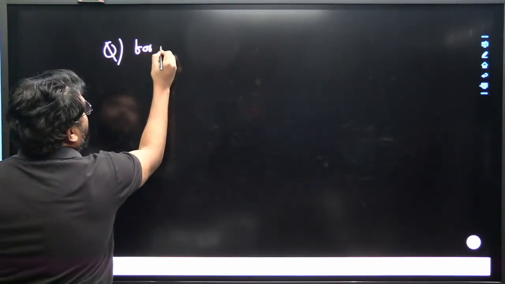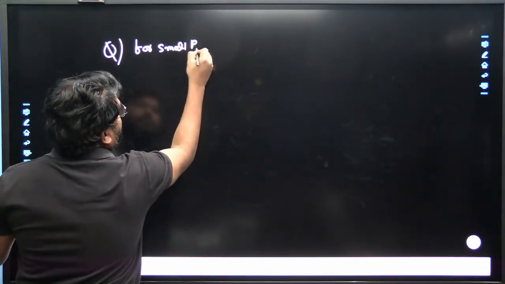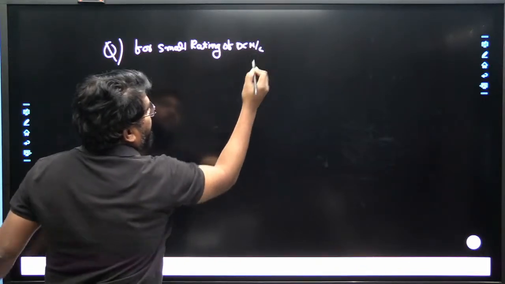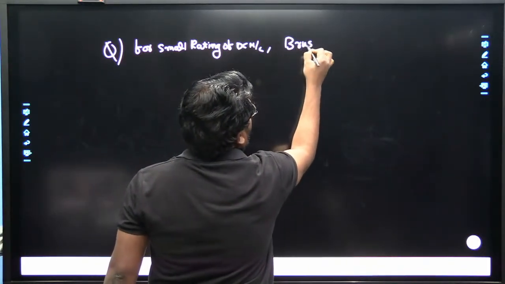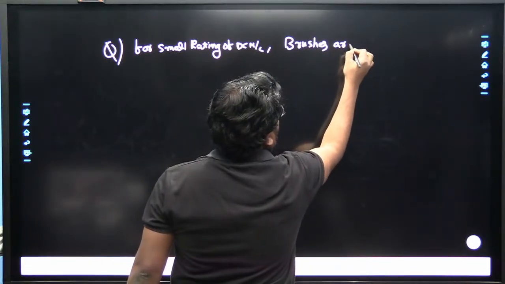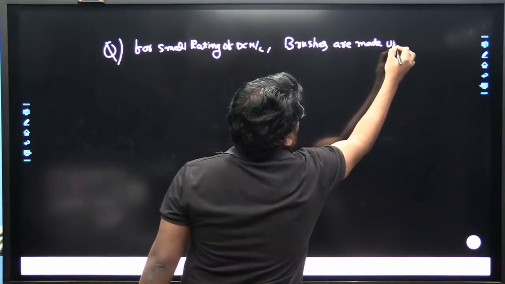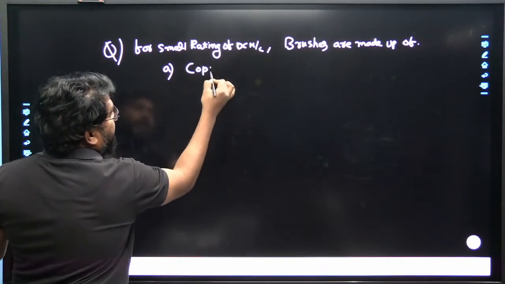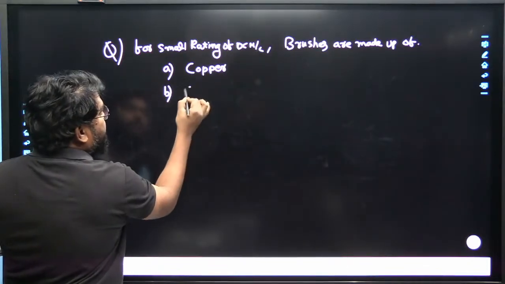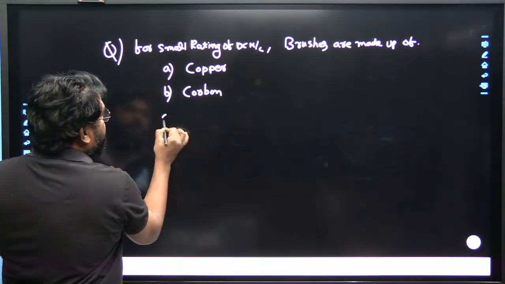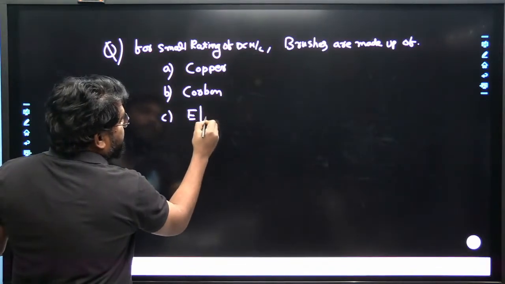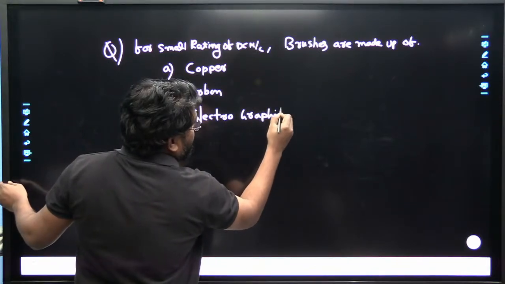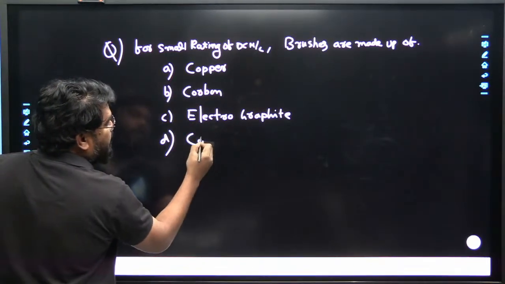For small rating of DC machine, brushes are made up of: option A copper, option B carbon, option C electrographite, and option D copper graphite.